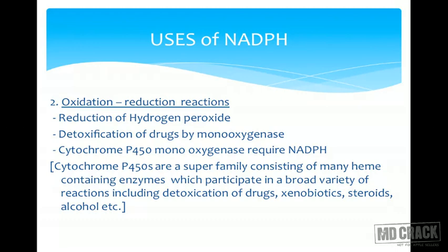In all these cases, the cytochrome P450 enzyme systems are involved. They are the ones which are responsible for various drug interactions also. Certain drugs will cause induction of the cytochrome P450 enzyme system and lead to higher metabolism of other drugs. So hence it is important to know about cytochrome P450 monooxygenases, and they require NADPH.